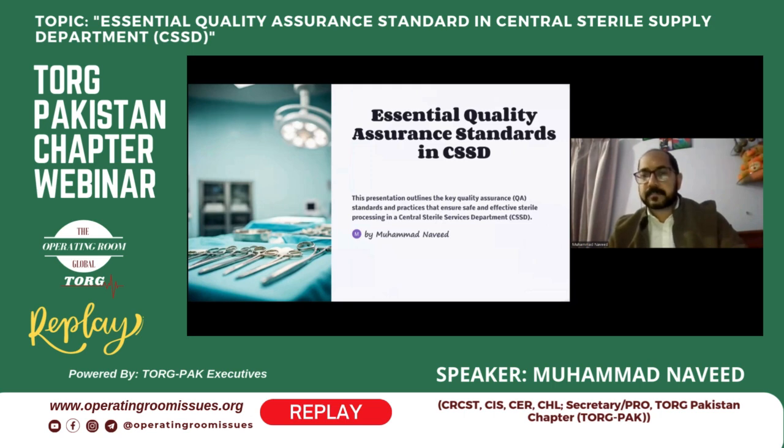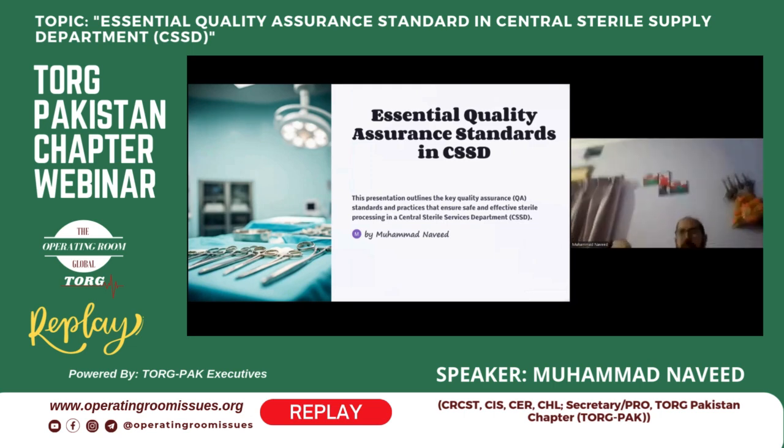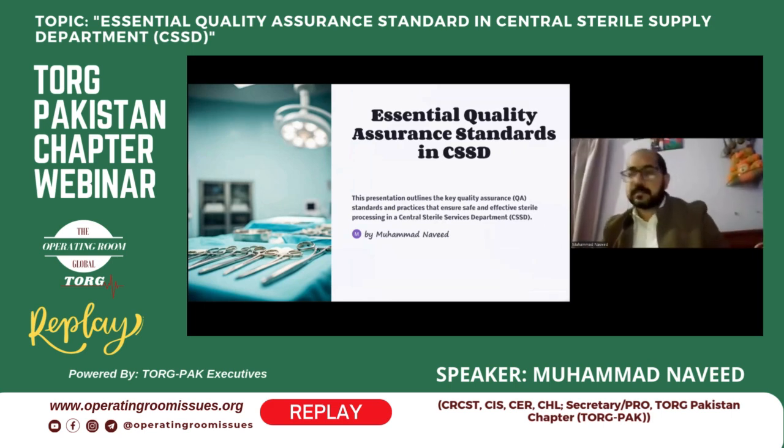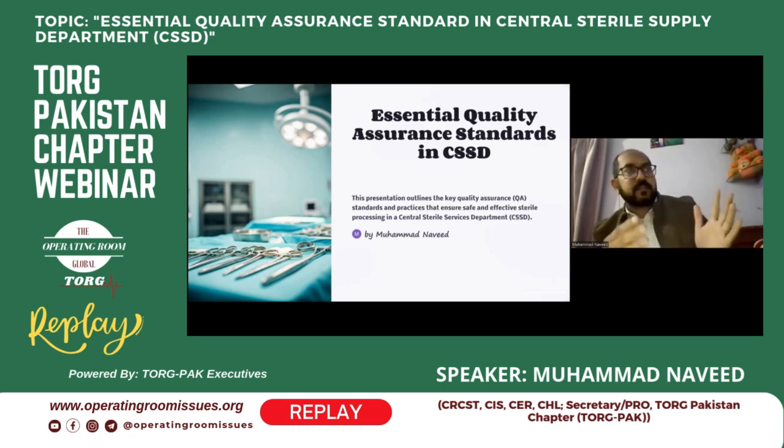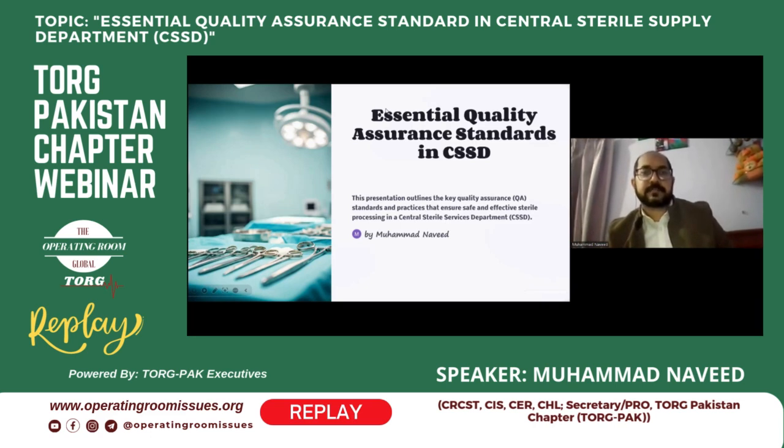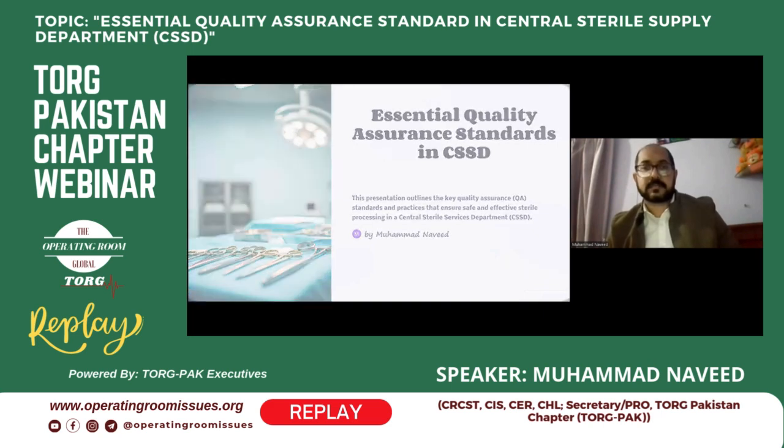The CSSD plays a critical role in assuring the safety of medical devices and equipment we usually use in our healthcare settings. So quality assurance standards are essential for healthcare. There are so many standards we are using in our CSSD and healthcare settings, but here we will define and elaborate the CSSD quality assurance standards.